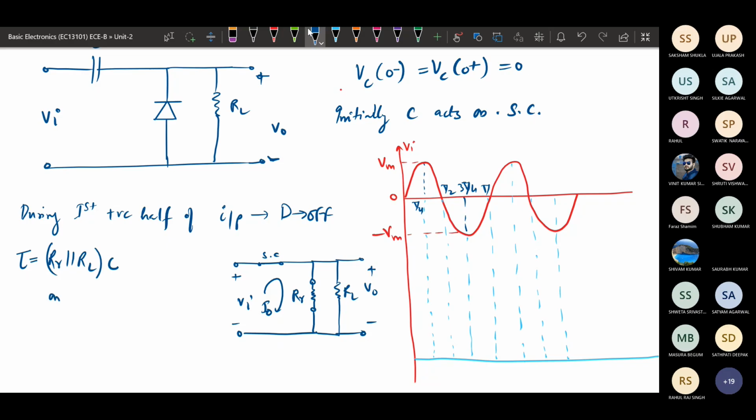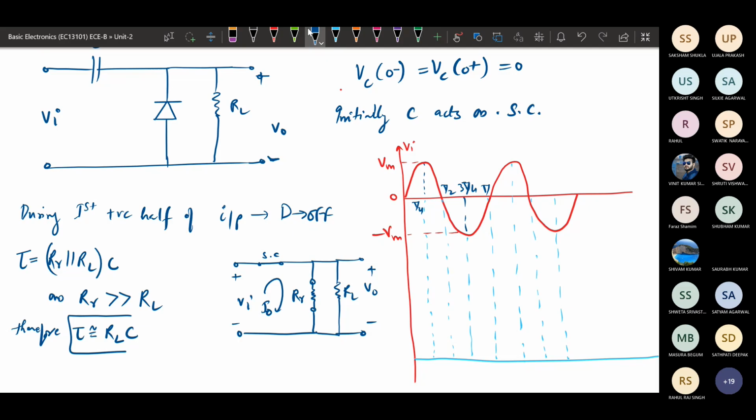As RR, that is the reverse bias resistance of a diode, is very much greater than RL, the tau value can be estimated as RL into C.